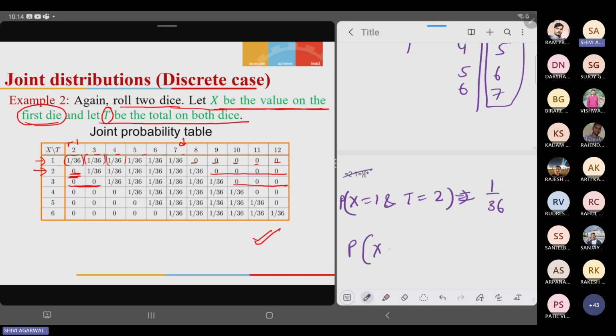Probability when x is equal to 4 and t is equal to 9: what is this? 1 by 36. So x is equal to 4 is this, and t is equal to 9 is this, and we are talking about this 1 by 36. Correct?